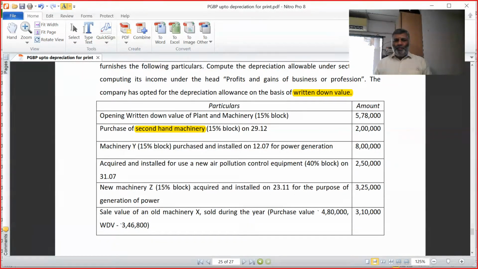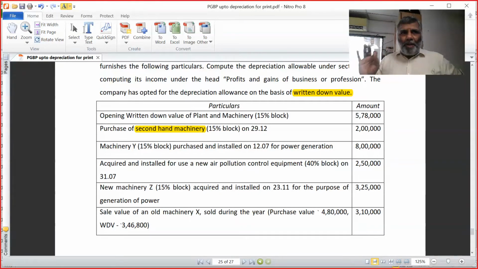So there are four acquisitions. One is air pollution equipment, which goes for the 40% block. You can claim additional depreciation for it because it directly or indirectly contributes to the generation process. Computers, air pollution equipment, etc., which directly or indirectly contribute, are also plant.